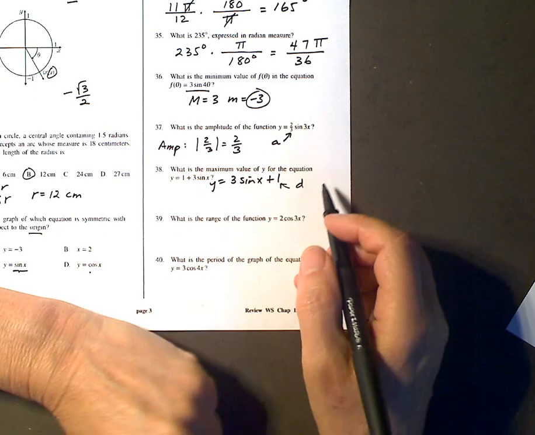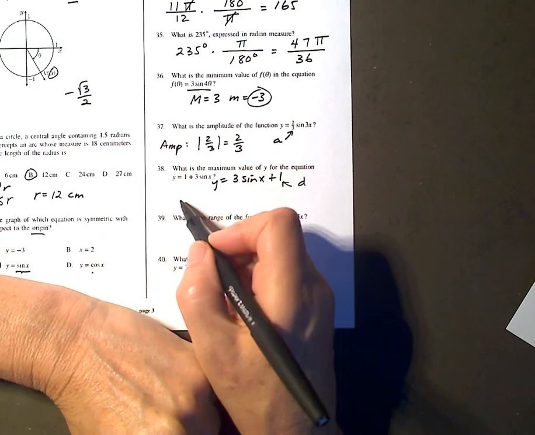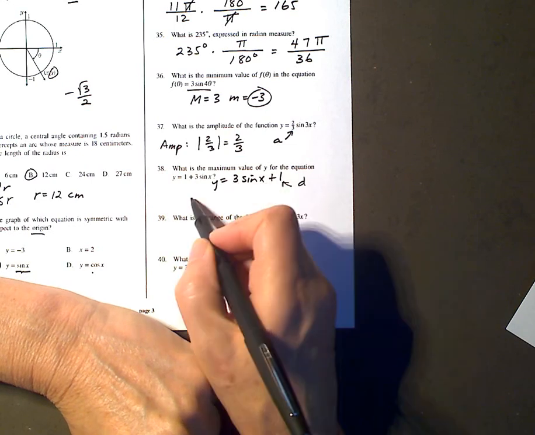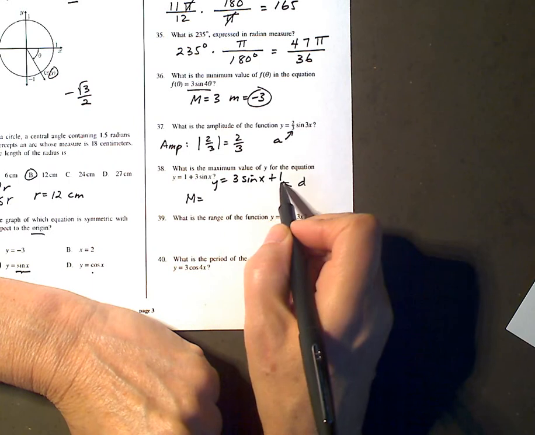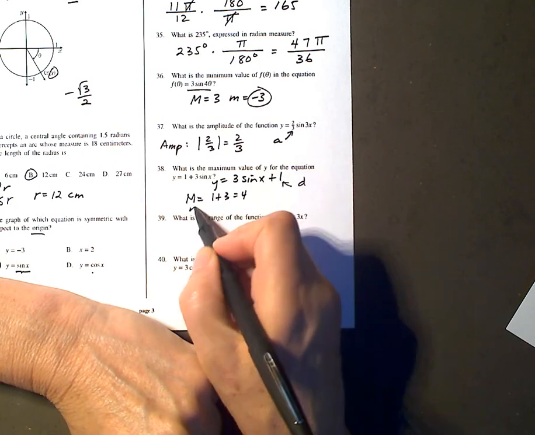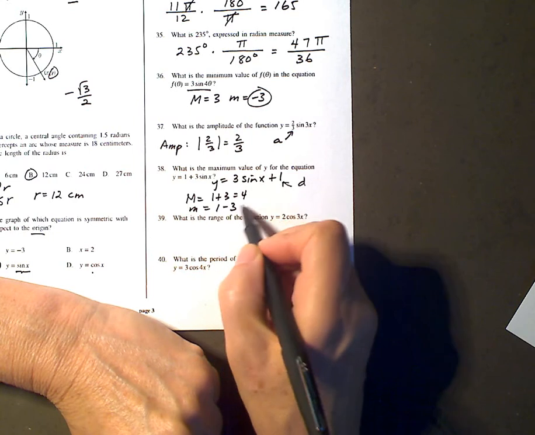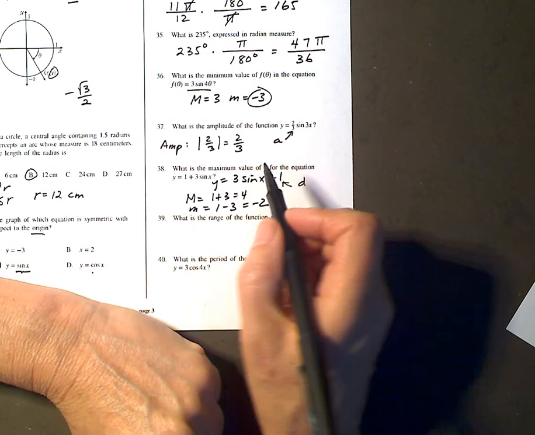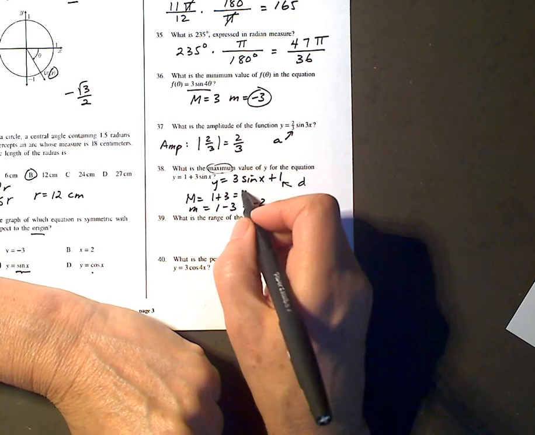So my baseline will be at d, and I'm going to go up 3 above that and down 3. So my max is going to be at 1 plus 3, or 4, and my minimum value will be at 1 minus 3, or negative 2. So I'm asked for the maximum value, so that would be at positive 4.